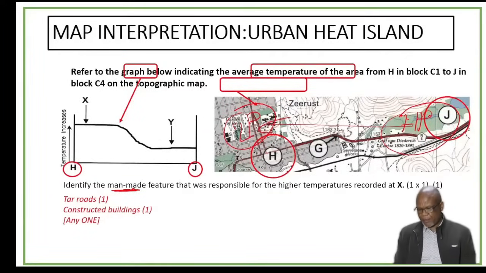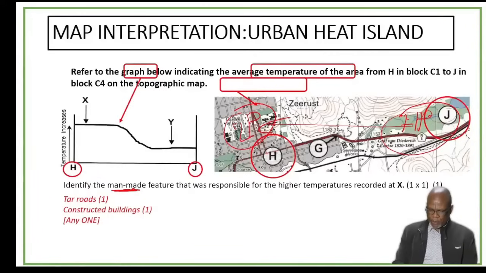This is a typical example of what we spoke about when we were talking about the urban heat island in the earlier slides when we were talking about temperatures. So temperatures will be lower here and higher here. You can see here temperatures are lower, and as you go up, the temperatures are increasing. When you're moving from that point, going there, this is your J, indicating the temperatures are lower.